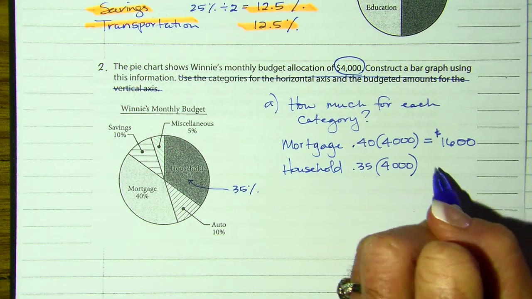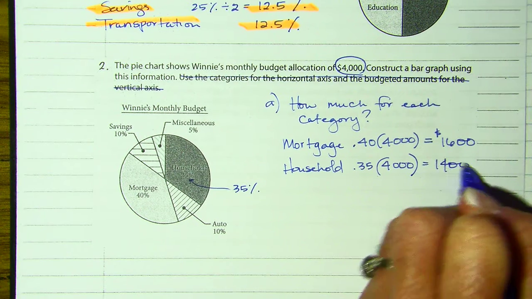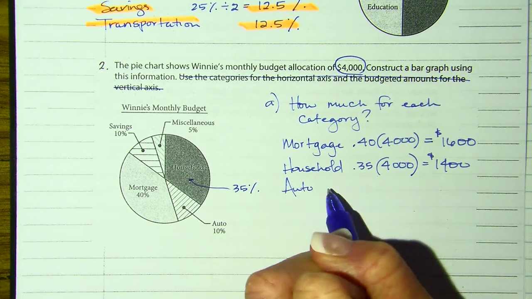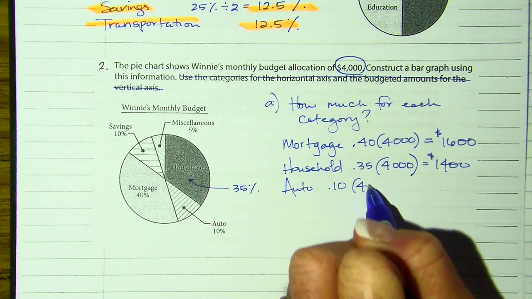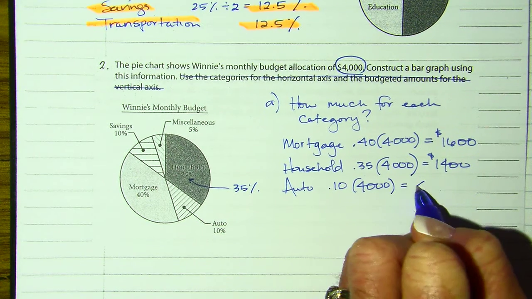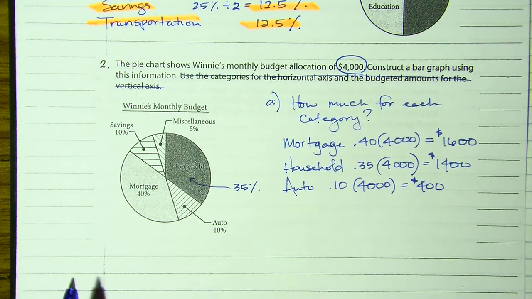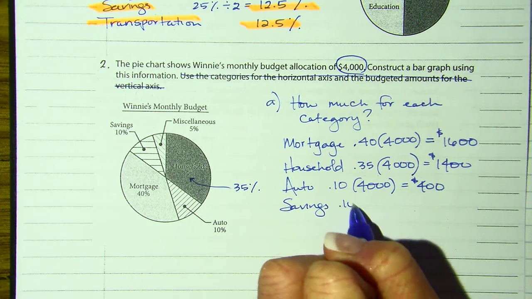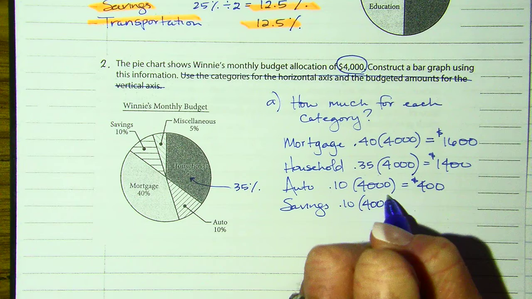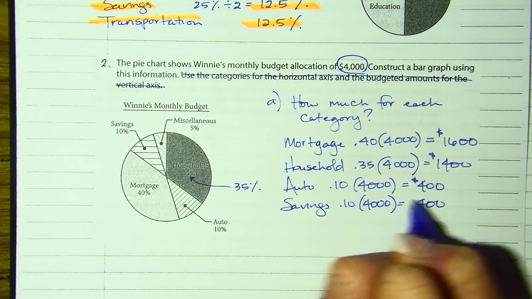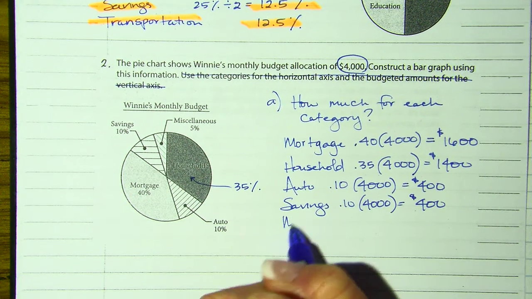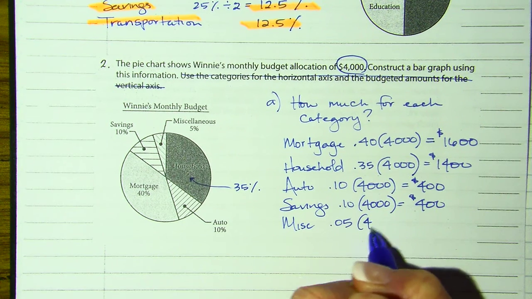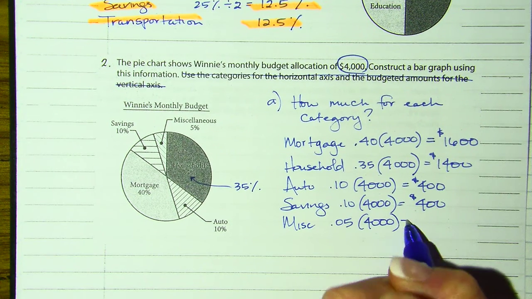And that gives me 1,400. And then auto is 10%, so 0.10 times 4,000, that equals 400. Savings is also 10%, so it's going to give us the same as auto. And then last is miscellaneous, and that can include anything. 0.05, that simply should be half of 10%, so 200.